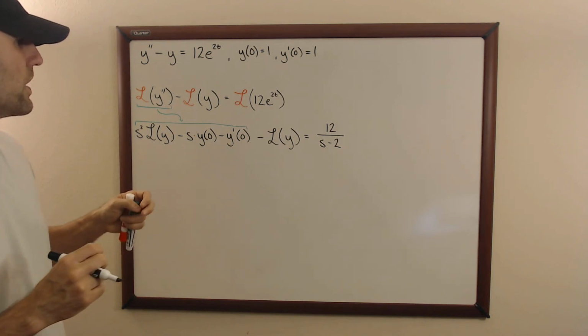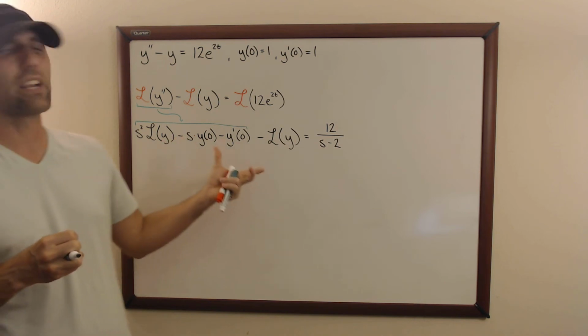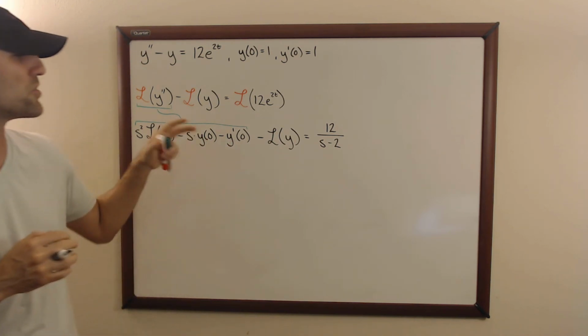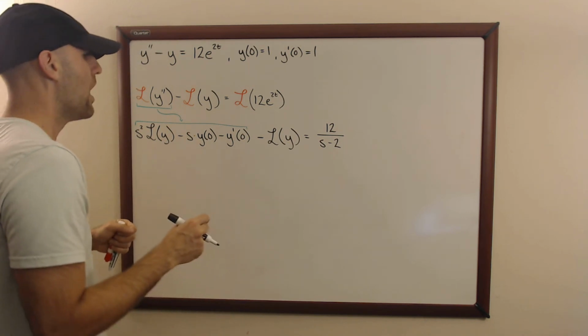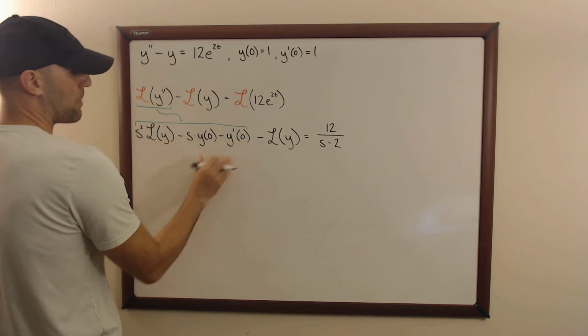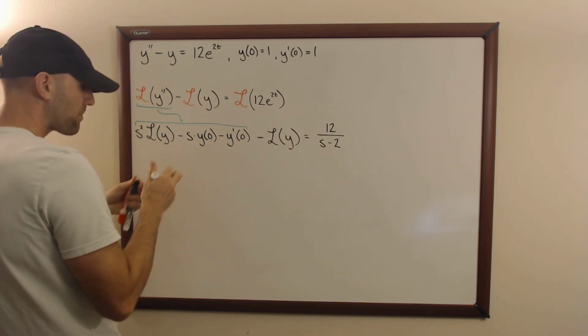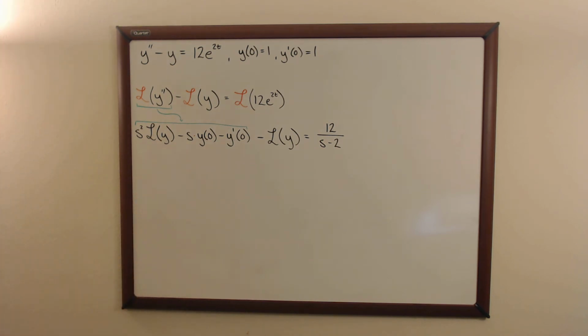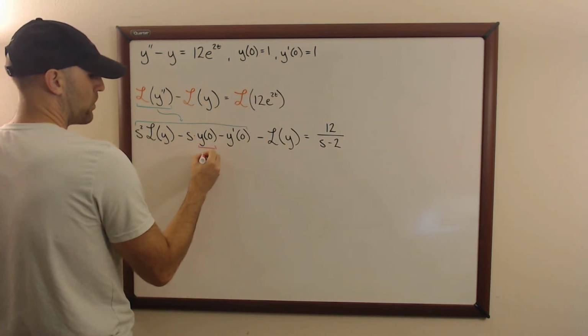Okay, now, you'll notice this entire equation now is linear in the Laplace transform of y. I can solve for the Laplace transform of y, and I'm going to do that right now. I'll start. Let me move everything that doesn't have Laplace transform y over to the other side. Now you'll notice I do have a y of 0 and a y prime of 0 here. Both of these things are 1. Those are my initial conditions, right? So I do know that that equals 1.